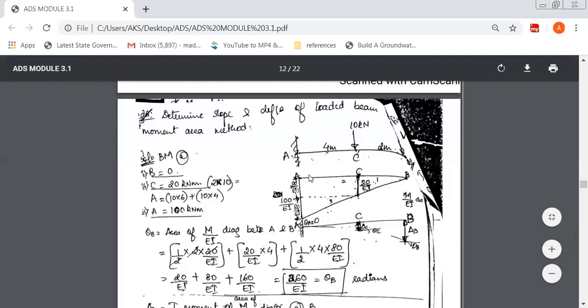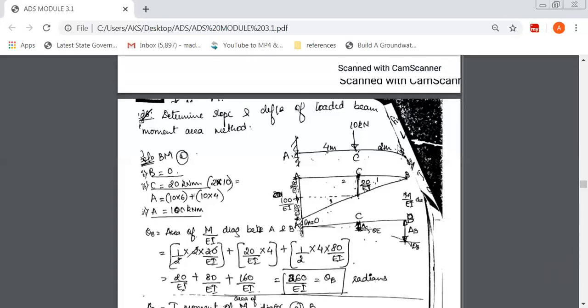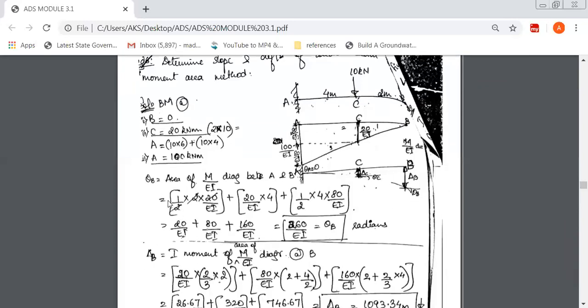Okay, so having drawn this, the next thing is, first we'll find theta B, delta B, then theta C, delta C. Only this quantity first, theta B. We'll use the first theorem.